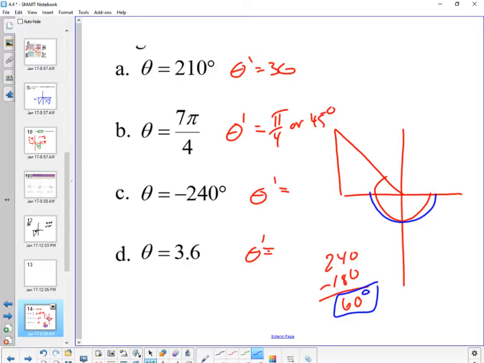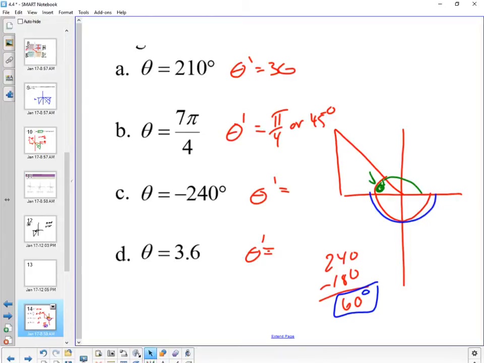Isn't this part your reference angle? No, that would be a different theta. The one I'm actually using is going to be in here. It's always going to be the one that's inside of the little triangle, the little corner one.